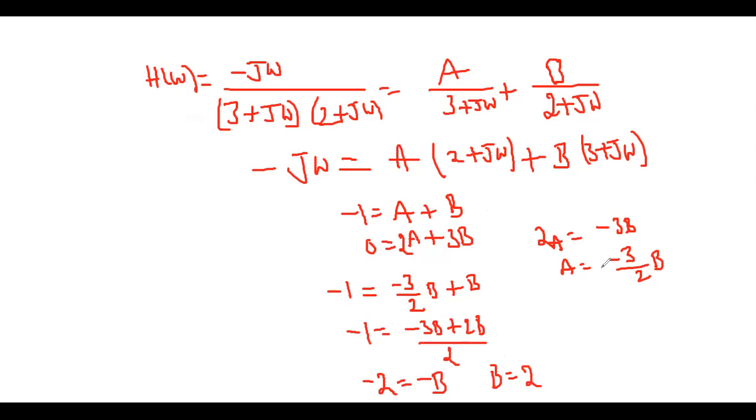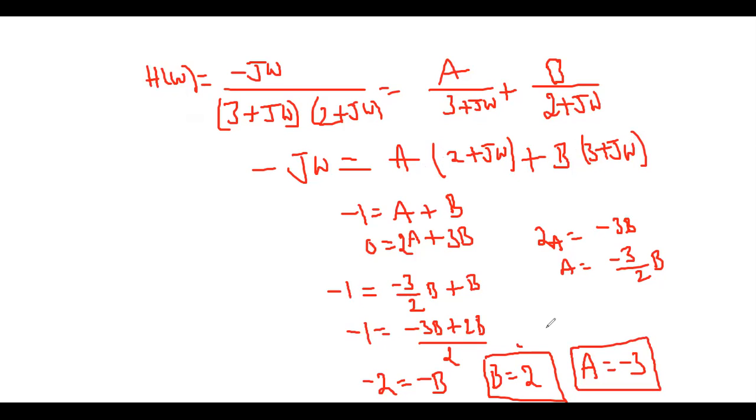Okay, my dear students. So B is equal to 2. So what is the A now? B we got as 2, so A is equal to 2 getting cancelled, minus 3. So A is equal to minus 3. Directly we can also substitute j omega is equal to minus 2. Minus 2 means the first term is 0. Minus of minus is a plus here, 2 over 3 minus 2.